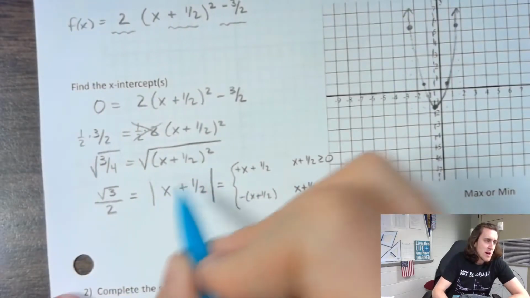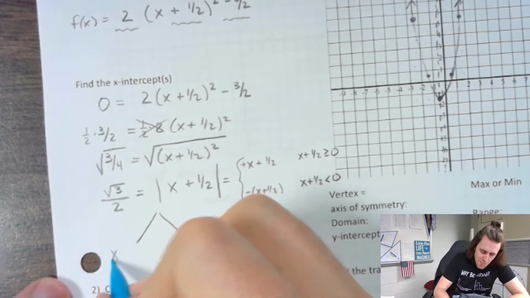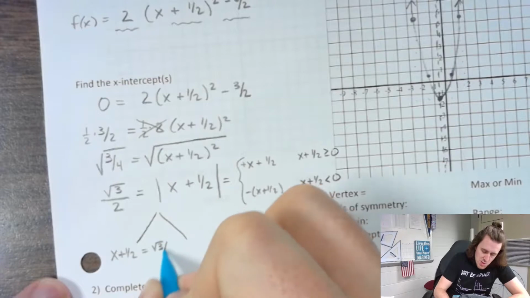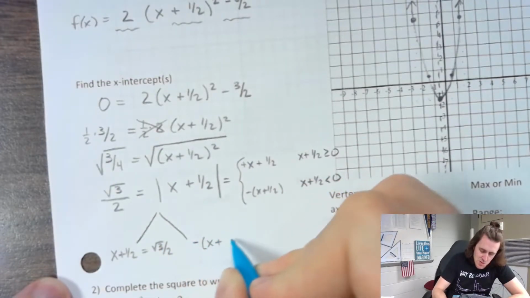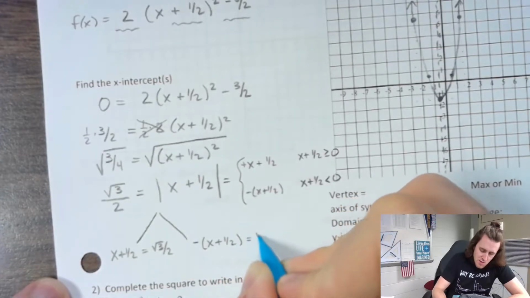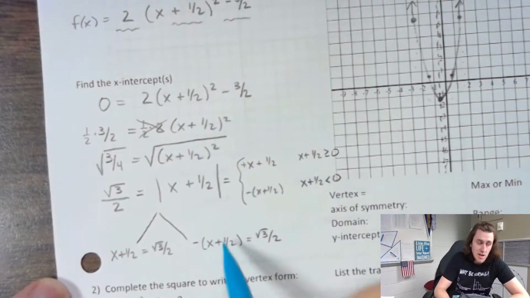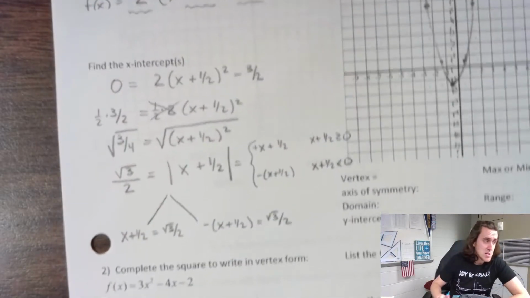So to get rid of the absolute value that we have here, we write a piecewise, and that tells us we can separate this into x plus a half equals the square root of 3 over 2, and then negative x plus a half equals the square root of 3 over 2. So we have a positive set and a negative set. And then the last step is to actually solve for x.